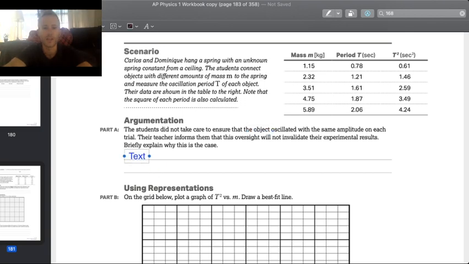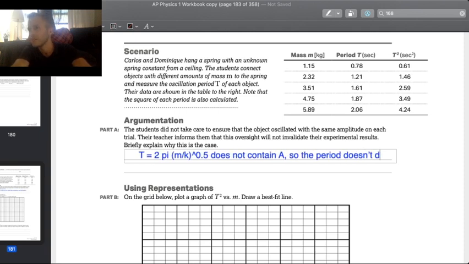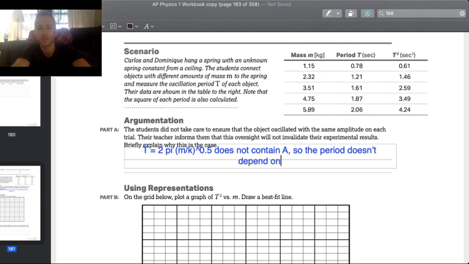So I would say period equals 2 pi square root of m over k does not contain the amplitude. So the period doesn't depend on the amplitude, as long as the amplitude is not too large, because if the amplitude gets really, really large, then you're going to basically permanently damage the spring.